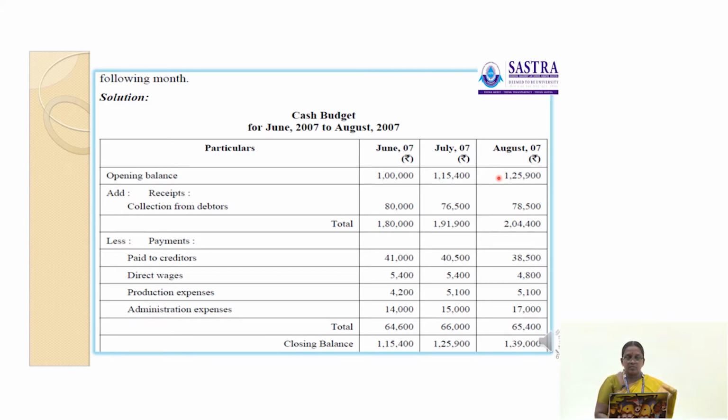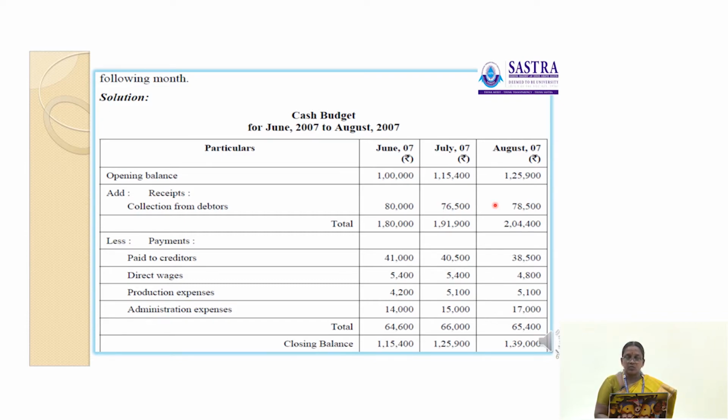Then add receipts. What are the receipts here? Cash sales, that is, collection from debtors. So collection from debtors is rupees 80,000. Here in the month of July 2007, 76,500. The month of August, 78,500.